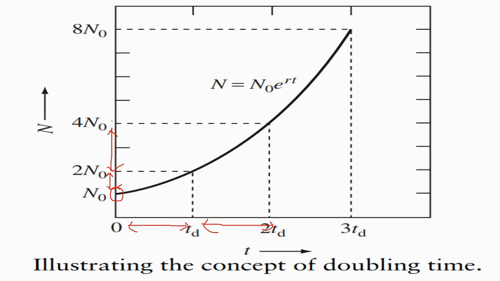And in the second and the third doubling, 4n moves to 8n, but the time required for doubling is the same as the previous one.